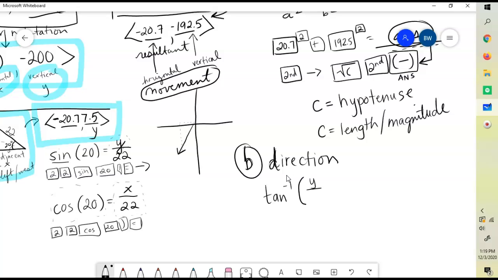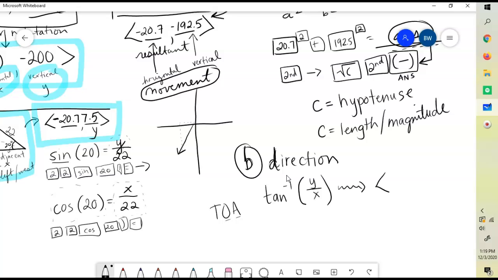is y over x. Now that goes back to the TOA, right? The TOA is going to be the opposite over the adjacent. What you also need, in addition to this formula, is this resultant vector.